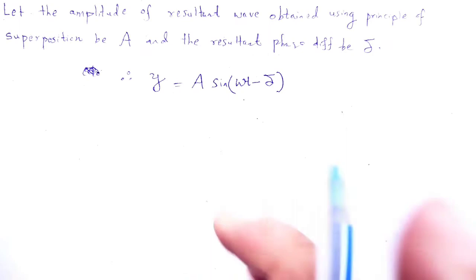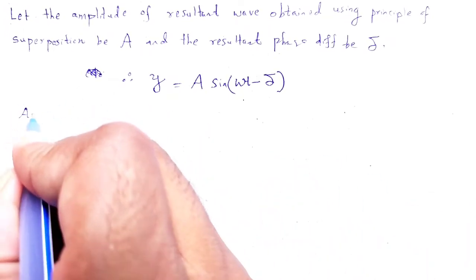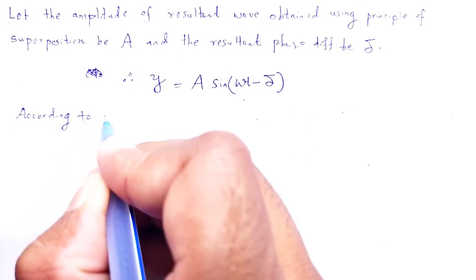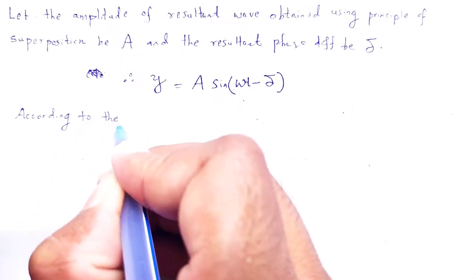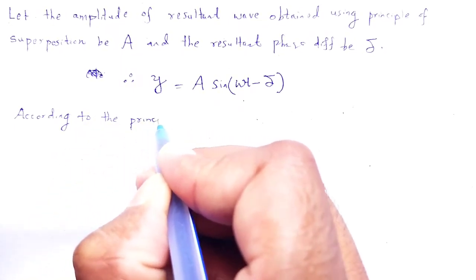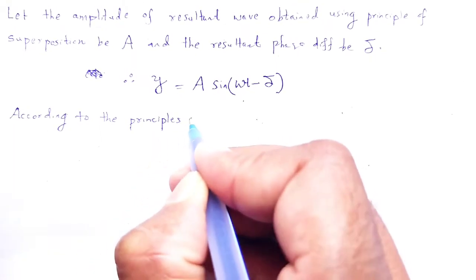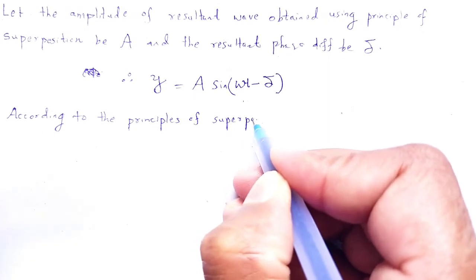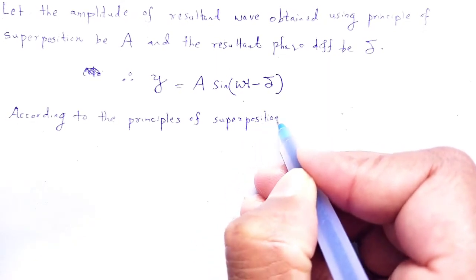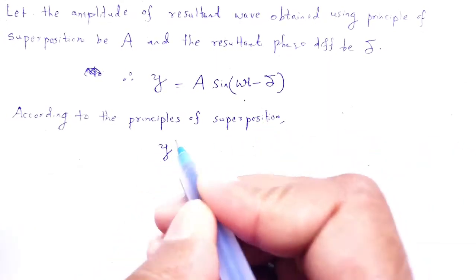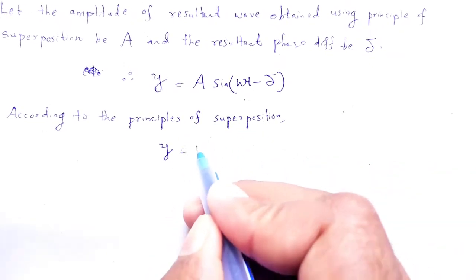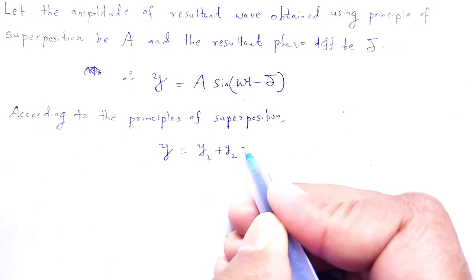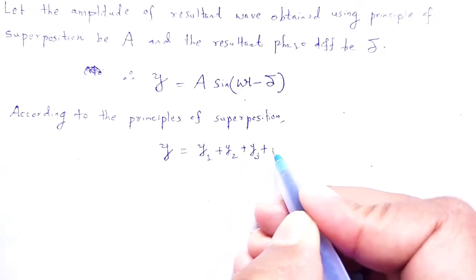According to the principle of superposition, y is equal to y1 plus y2 plus y3 and so on.